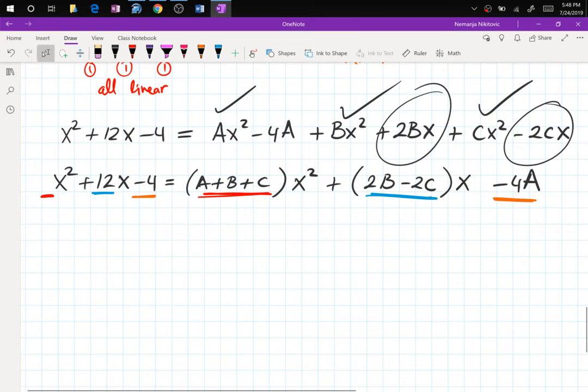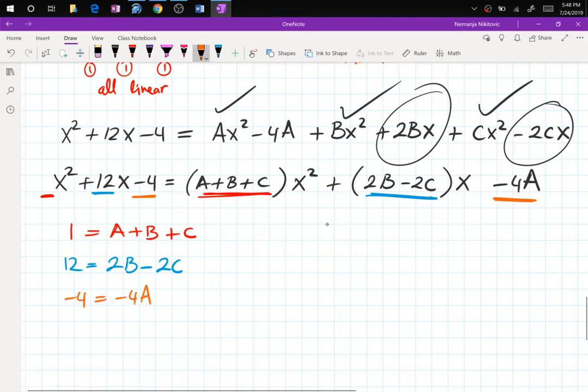If these two are to be equal, they have to have the same coefficients. So now, my red equation is 1 equals A plus B plus C. My blue equation, 12 equals 2B, or not 2B, I mean 2B minus 2C. And negative 4 is equal to negative 4A.